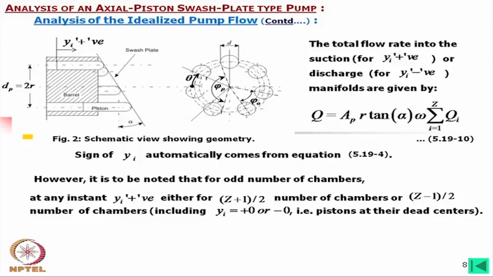But suppose there are 7 pistons, then what may happen? 4 pistons either on the suction side and 3 on the compression side or vice versa, momentarily one piston is at the dead zone, 3 pistons in suction and 3 in delivery. However, we need not take special care: suppose we are working with 4 pistons in the suction zone, when the 4th piston comes into the dead zone, automatically its Y i will appear 0.